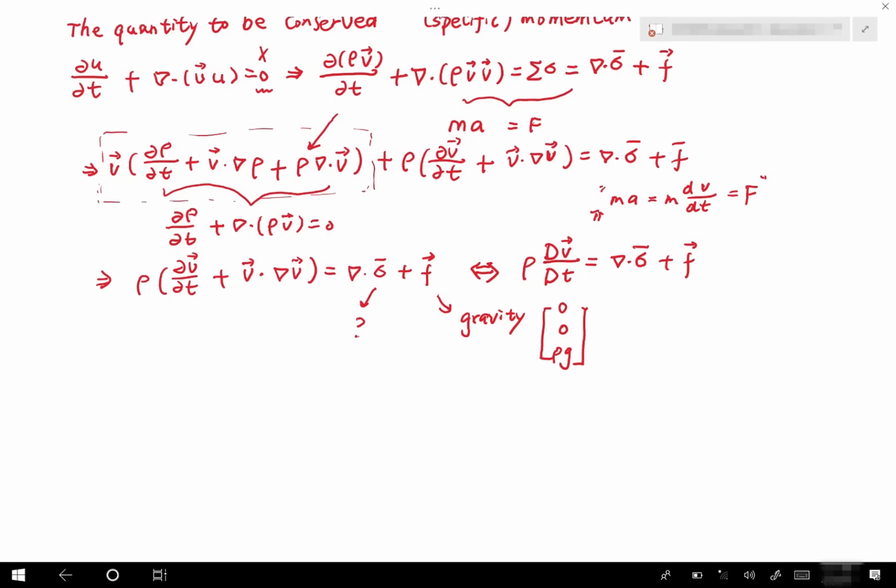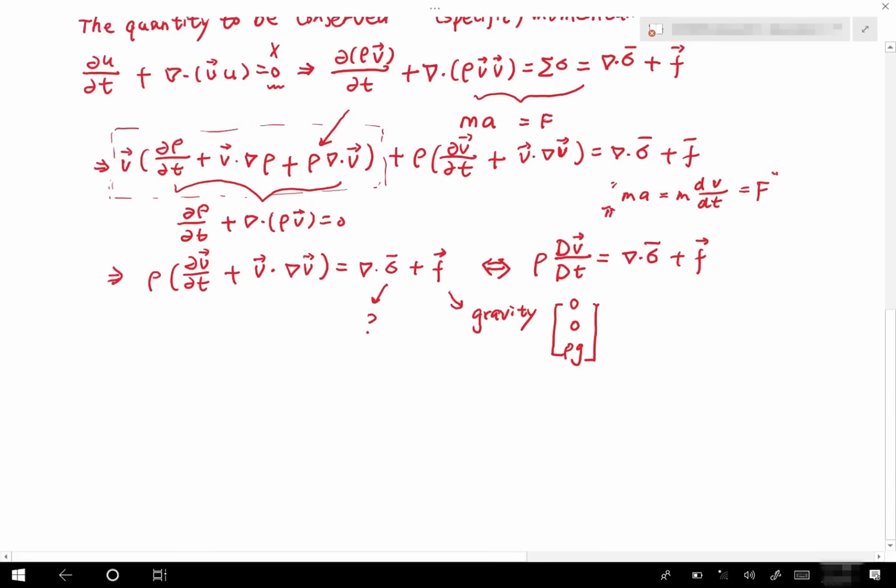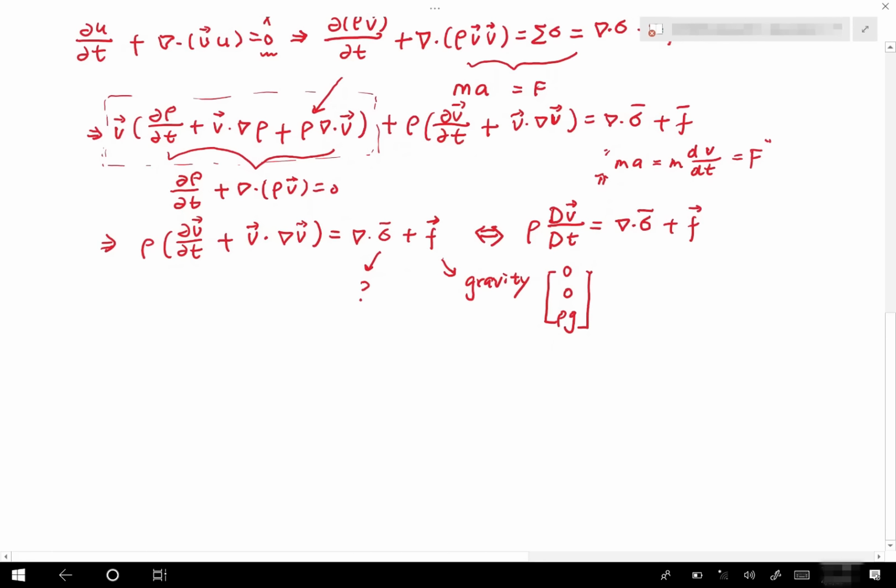So to do this, it's different. We cannot do it in exactly the same way like what we did in solid. However, the procedure that we're going to use is not exactly the same thing, but it's not much different. So in fluids, usually we do it in this way.